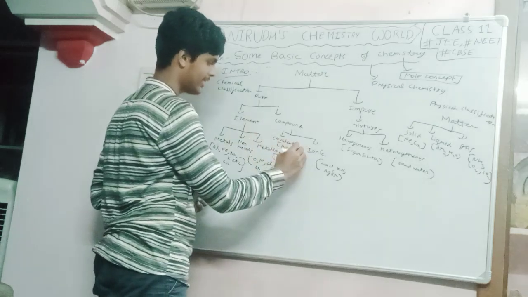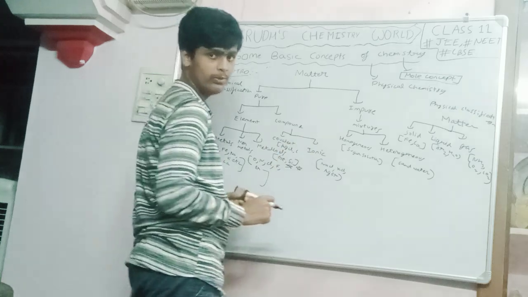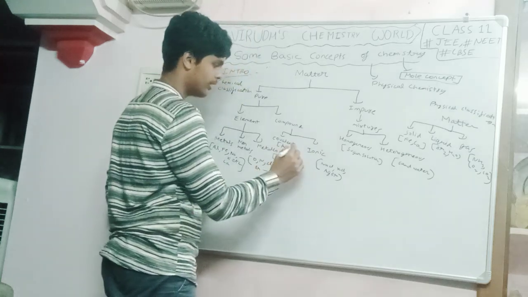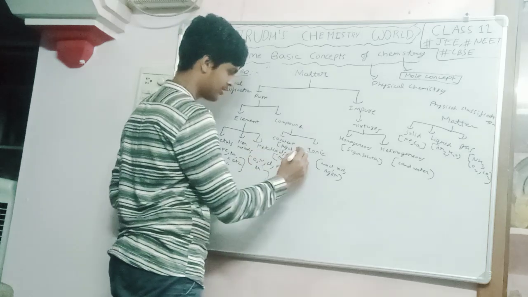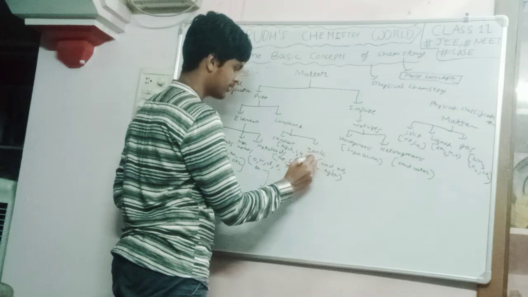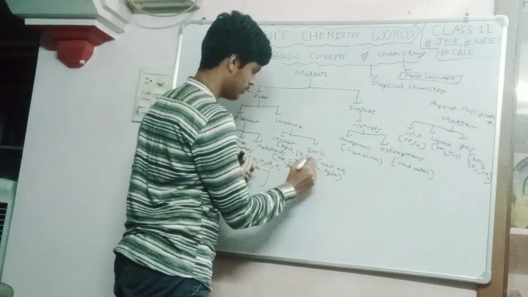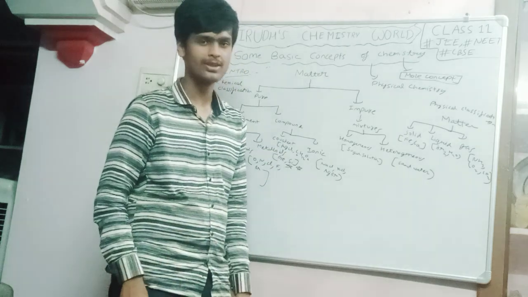Then in covalent compounds we'll take another example, the organic compound, the most wanted one, that is glucose, C6H12O6. Did you understand?